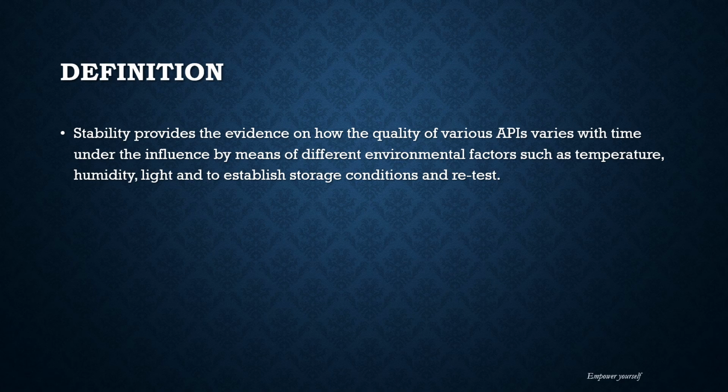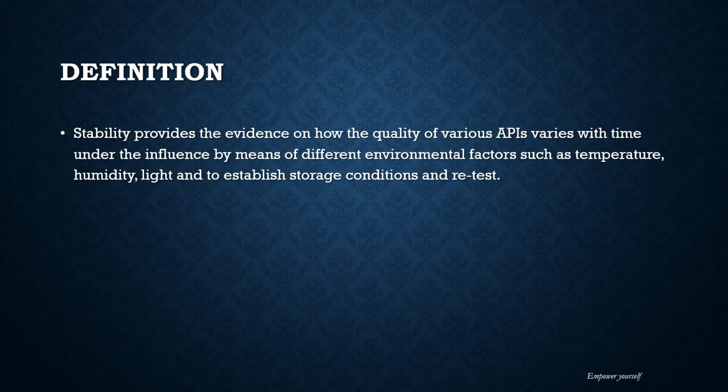Here the word stability, that is stable. So how can we say that my product is stable? And how can we say that my product is going to meet the specifications and it is not going to vary by time even if the environmental factors are influencing the product?